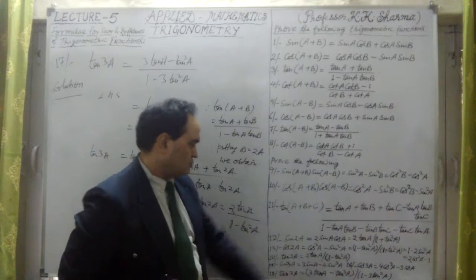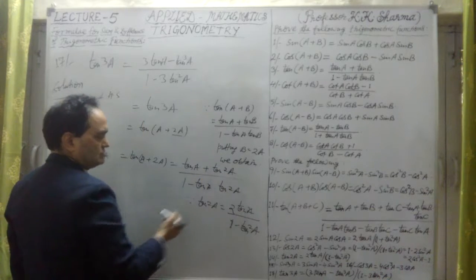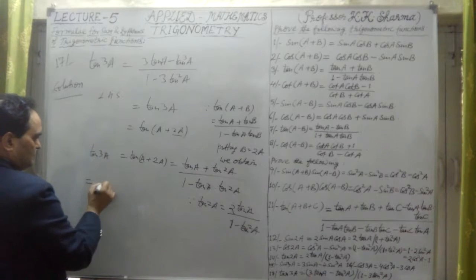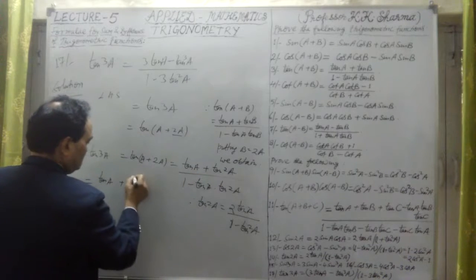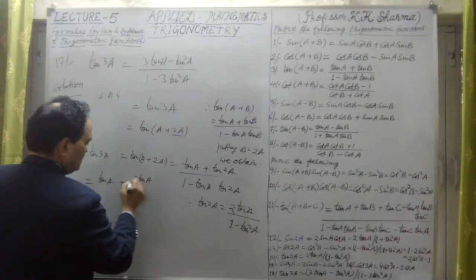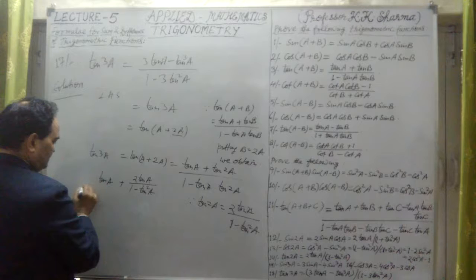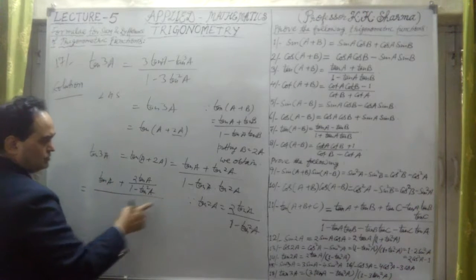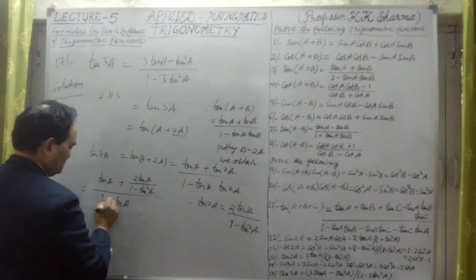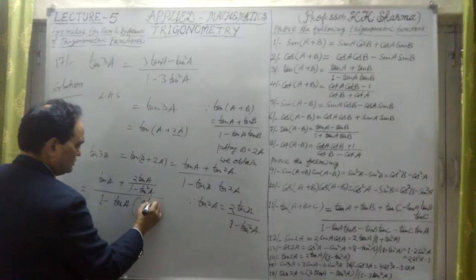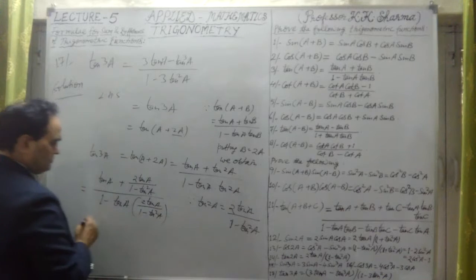If I substitute this value in place of tan 2a, then we obtain here tan a as it is, plus 2 tan a upon 1 minus tan square a, this whole divided by 1 minus tan a into 2 tan a upon 1 minus tan square a.